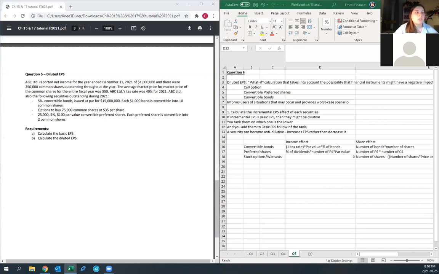You do that for each of your financial instruments, and you rank them from lowest. Rank 1 is the lowest EPS, the one furthest away negatively from your basic EPS. The second one is the second worst, etc. Then you add them to the basic EPS following that rank.